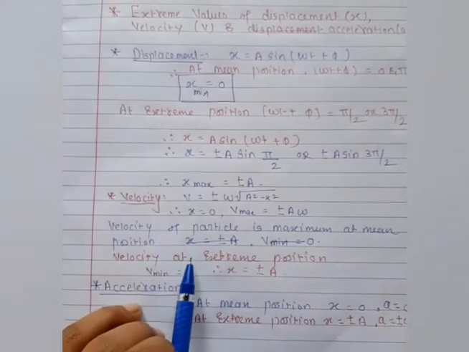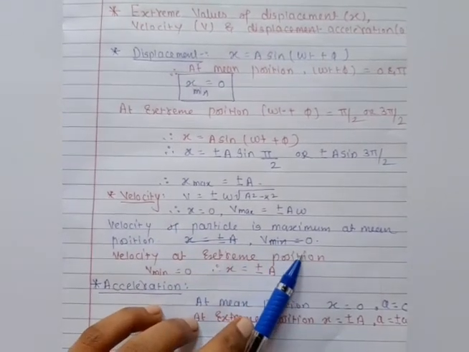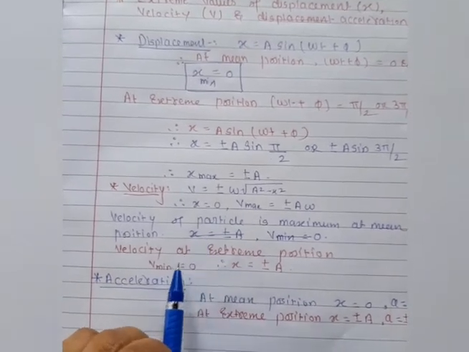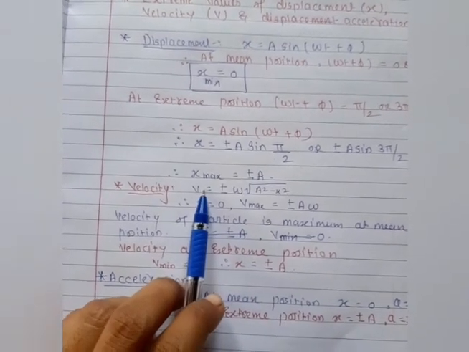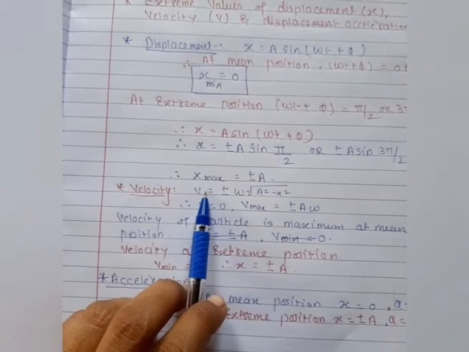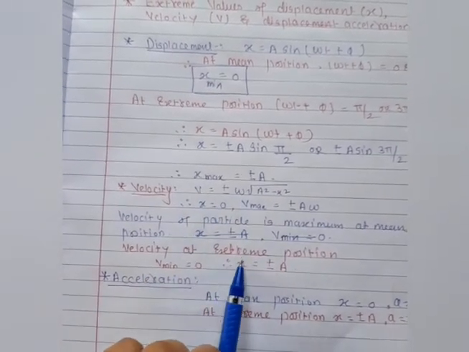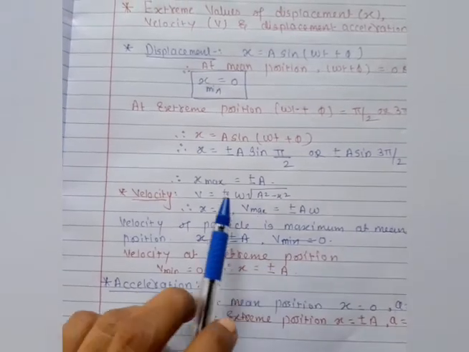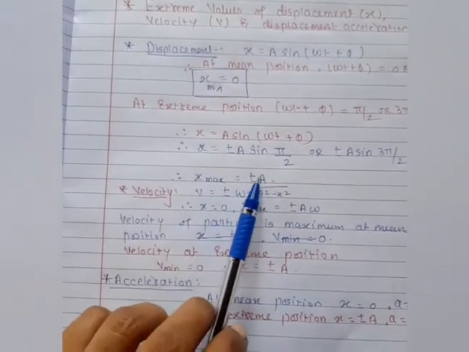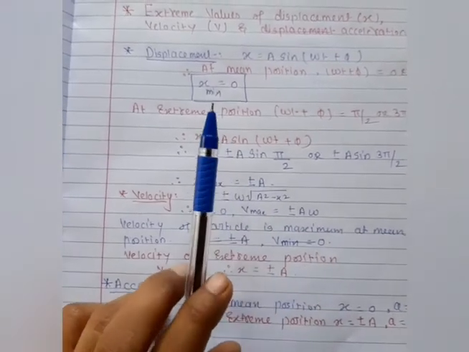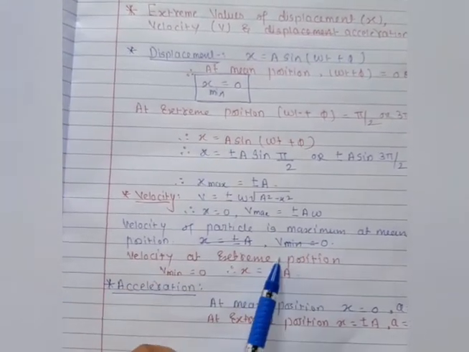At the extreme position, as you know very well students, the velocity gradually decreases, so we consider it 0. So the whole term converts into x equal to plus or minus a, because at the extreme condition the amplitude is maximum. So here also we get that the displacement is the amplitude with the help of this equation.